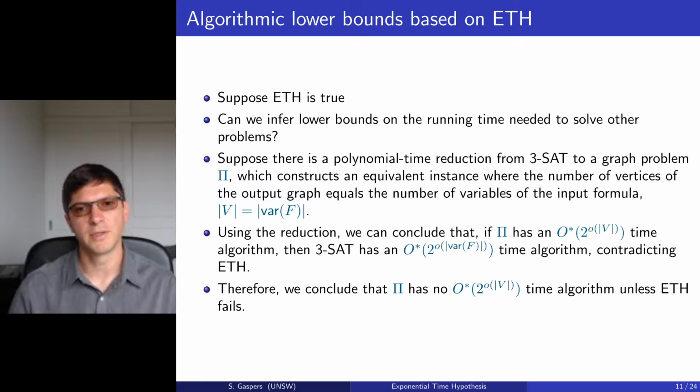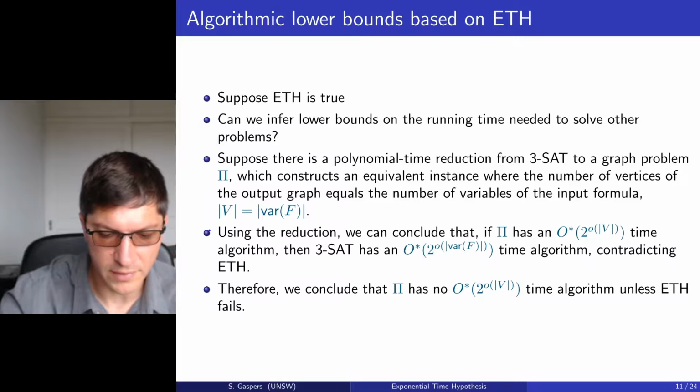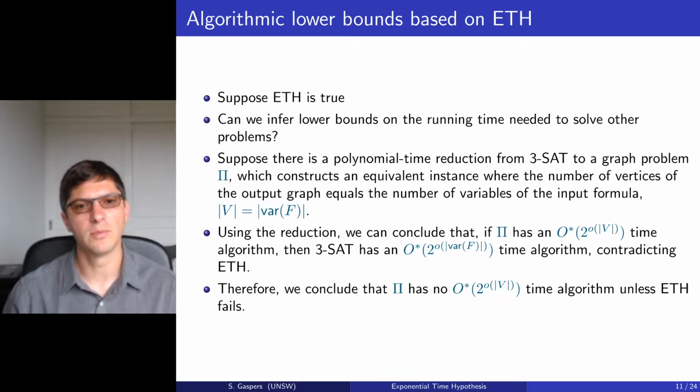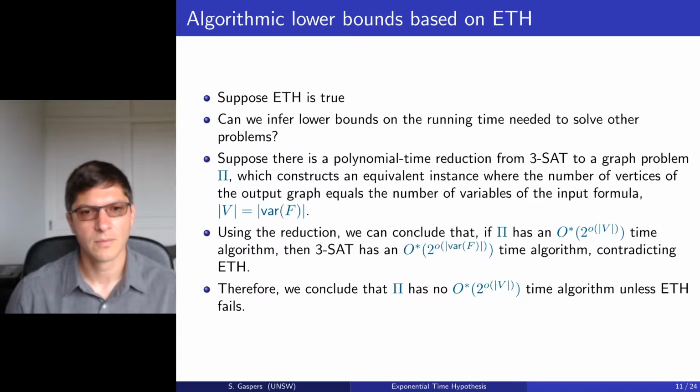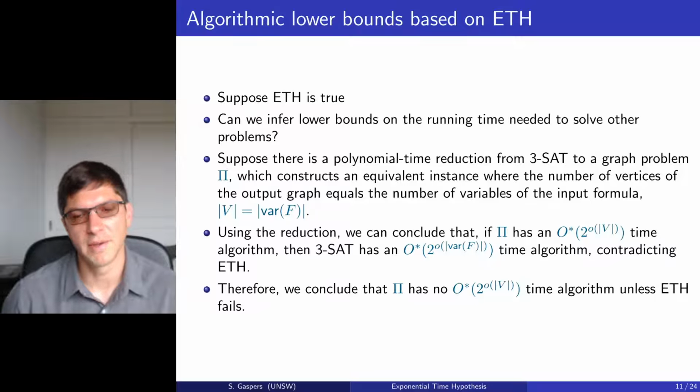So suppose there's a polynomial time reduction from 3SAT to some graph problem pi. And this reduction constructs an equivalent instance where the number of vertices of the output graph equals the number of variables of the input formula. So the size of the vertex set is equal to the number of variables of f. So using this reduction, we can now conclude that if the graph problem has a sub-exponential time algorithm, then 3-satisfiability also has a sub-exponential time algorithm.